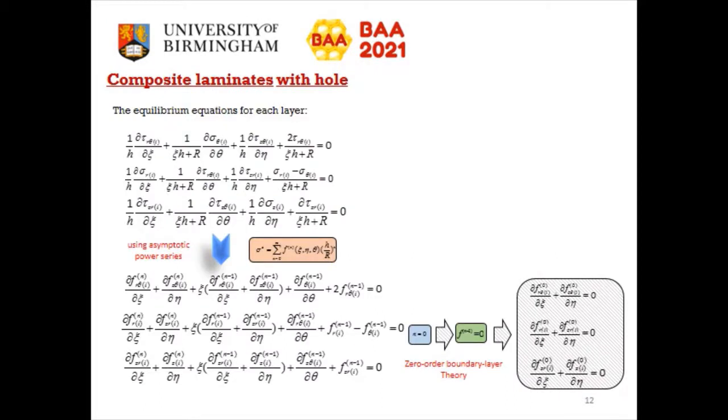Considering the boundary layer theory and the principle of complementary energy, an approximate analytical method to obtain the interlaminar stresses at curved free edges of a laminated composite is used.